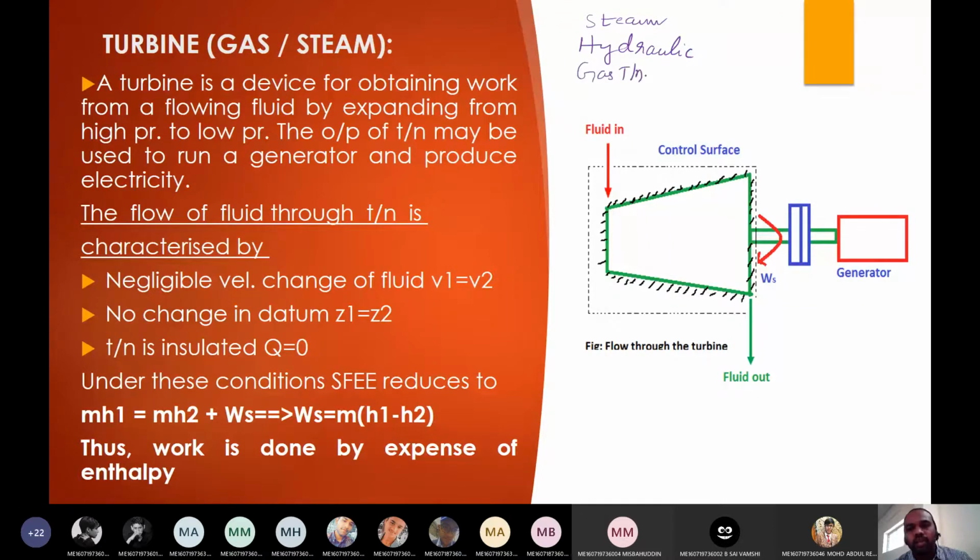In rockets, we are using gas turbines only. These hydraulic and steam turbines we use mainly for power generation. The gas turbine we use in aviation. Basically the input to the turbine is high pressure, high temperature gas.